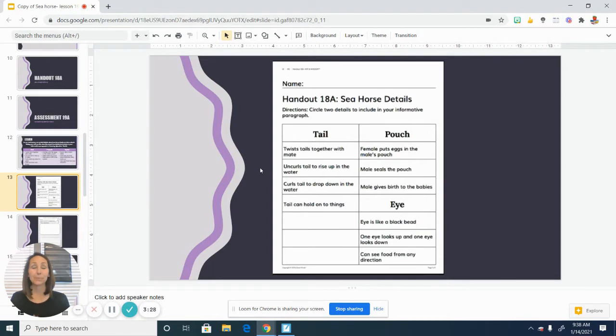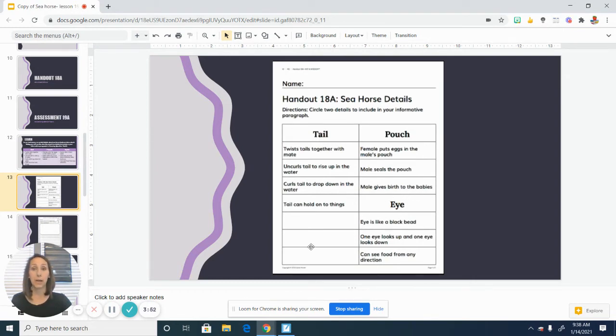Okay, so on this handout 18A, it says Seahorse Details, and the directions say circle 2 details to include in your informative paragraph. You'll notice that it is organized that same way. There are details about the tail, there are details about the pouch, and there are details about the eye.